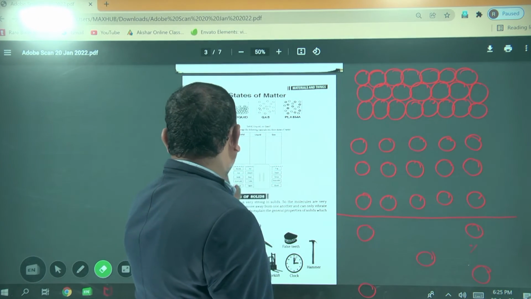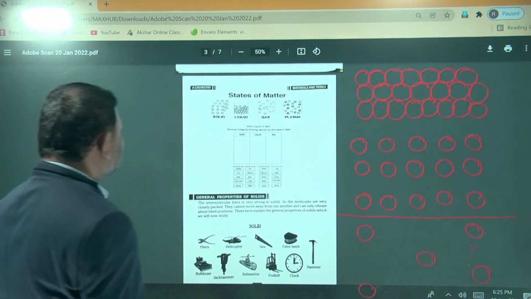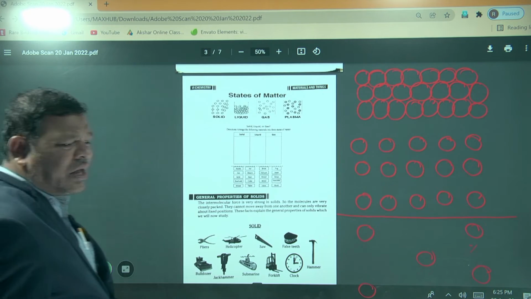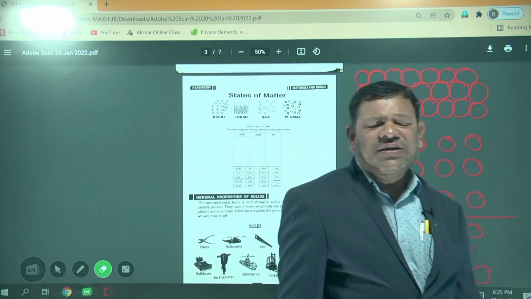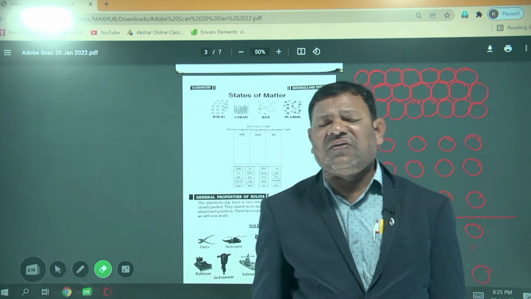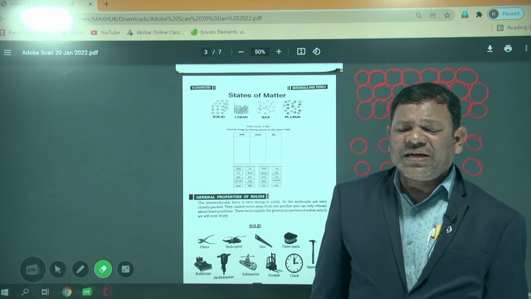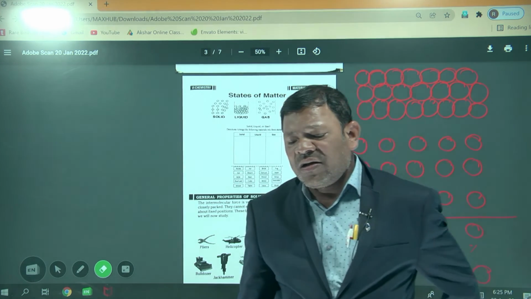Now coming to the general properties of solids. What are the characteristic features? What properties can we see in a solid?